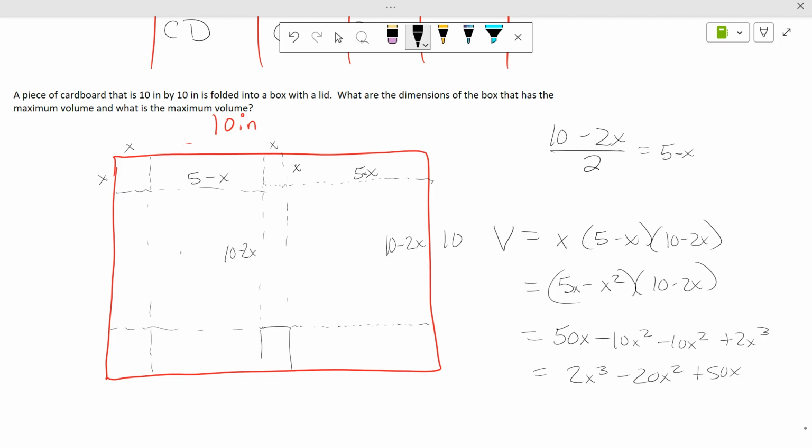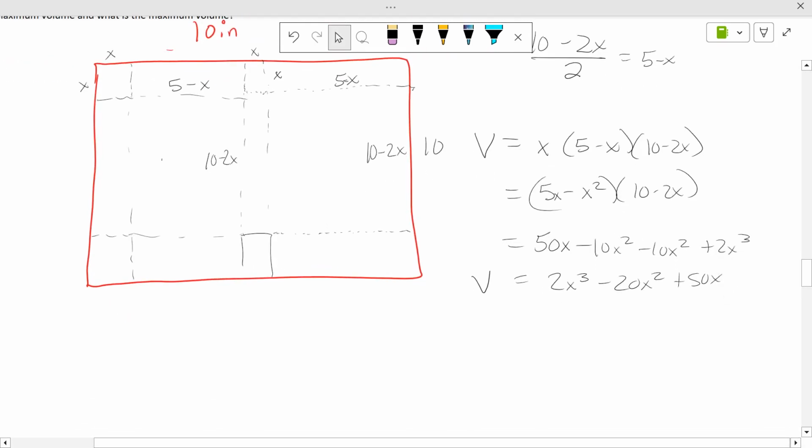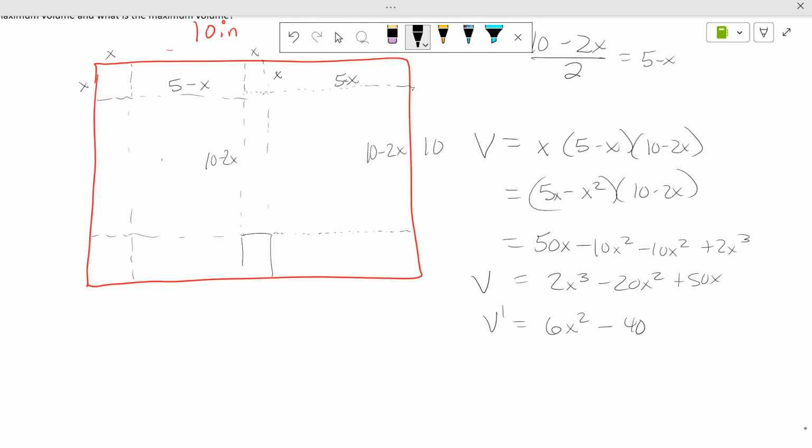How do I find the maximum of my volume? Take the first derivative, which is 6x squared minus 40x plus 50. If I take a 2 out, I get 3x squared minus 20x plus 25.